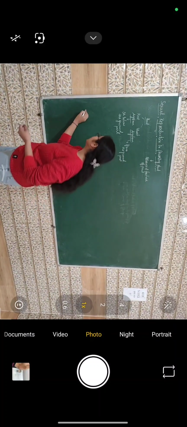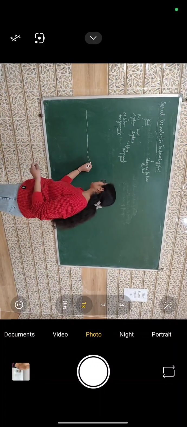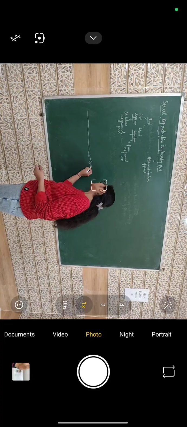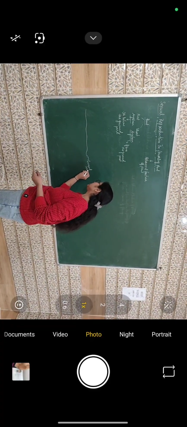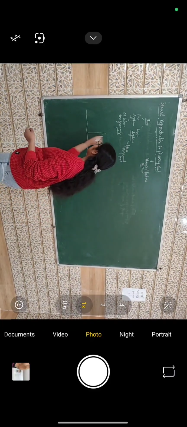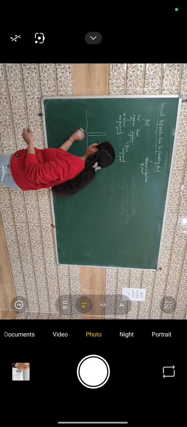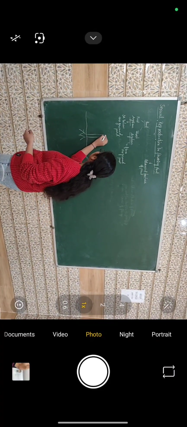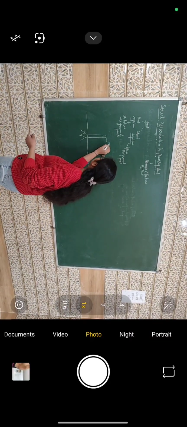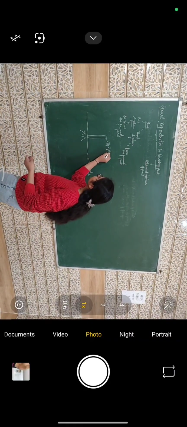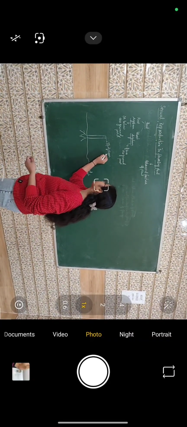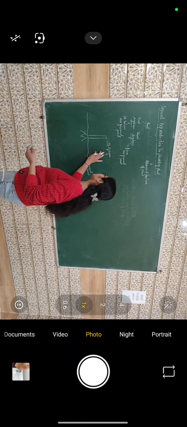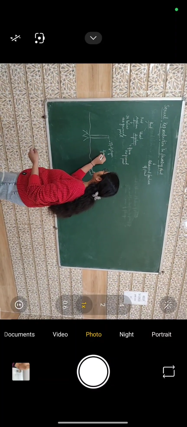So basically, if this is the ground level, this is the stem and below here these are the roots. It is the tip of the stem. The tip of the stem has a gene called phloem.